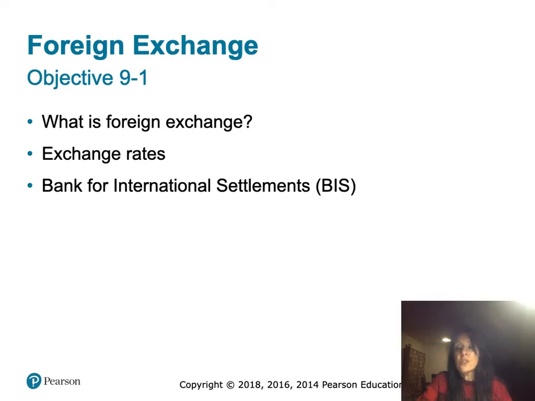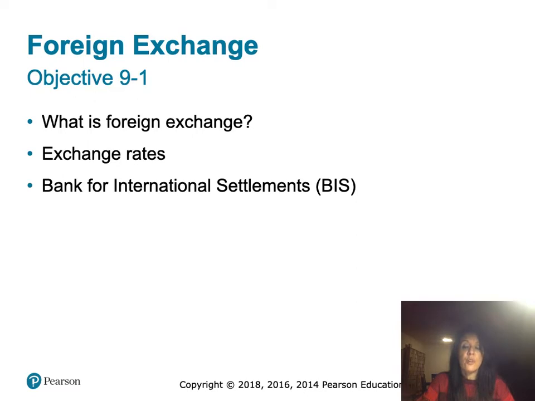The foreign exchange market is made up of many different players, starting with the Bank for International Settlements, right? It's a financial organization which is centered in Basel, Switzerland. It's owned and controlled by 60 member central banks.